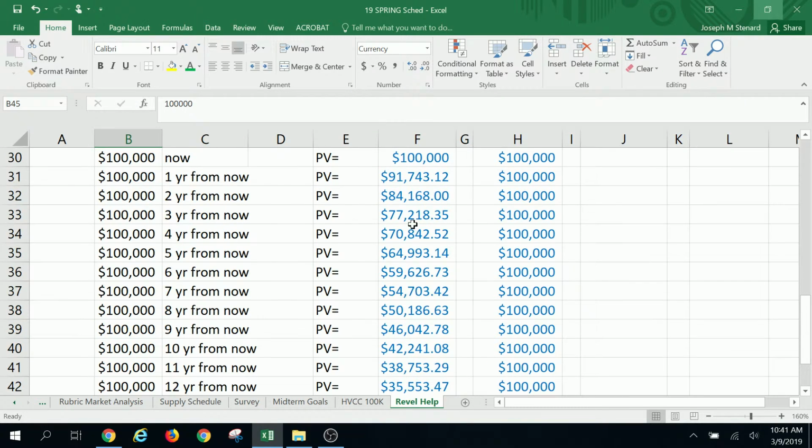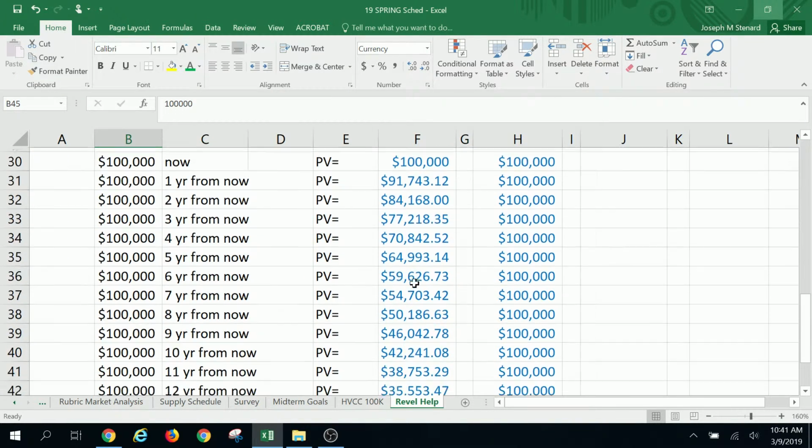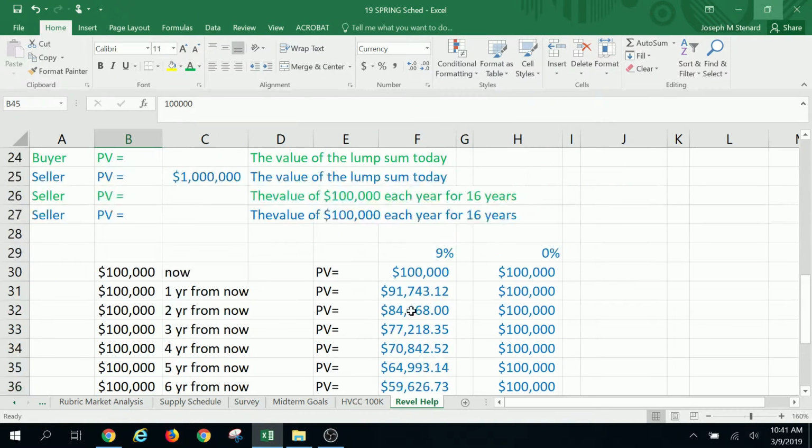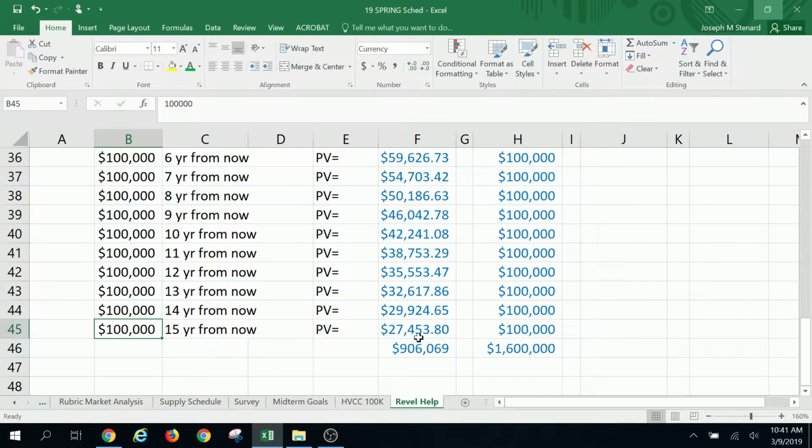So if we added all of the 16 payments of $100,000 apiece, discounted by 9%, we would get a value of $906,000. In other words, from the seller's point of view, this business is only worth $906,000.